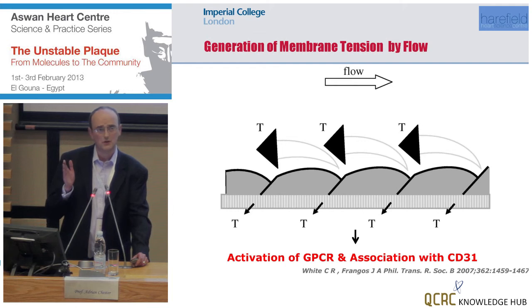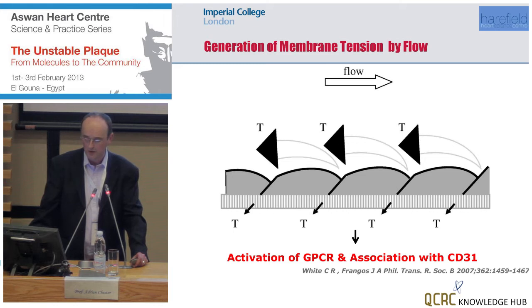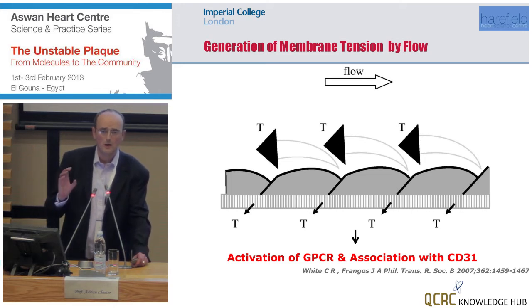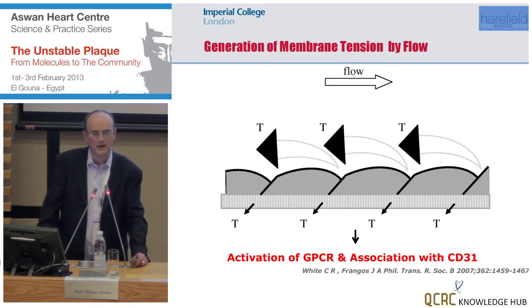While they do attempt to line up in parallel to the flow, these tensional changes are also thought to be important, and it's been shown that they're sensed by cell junction molecules such as PECAM or CD31, and these can be associated with G protein coupled receptors. And again, reported and described in that review is very nice work showing how these two molecules may act together, and in fact that you can then induce signaling in endothelial cells by these tensional changes.